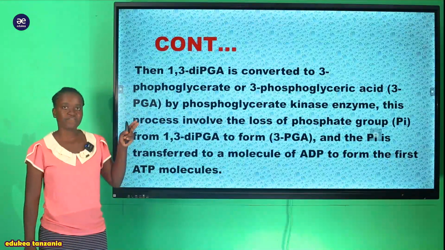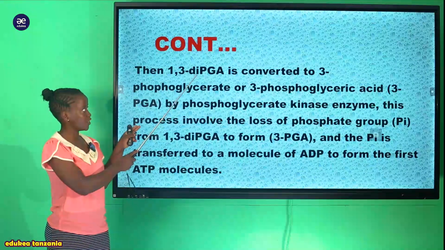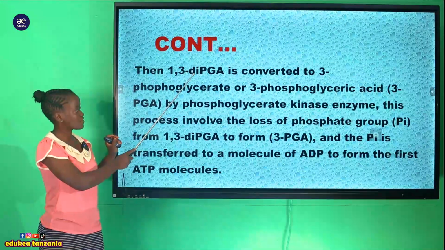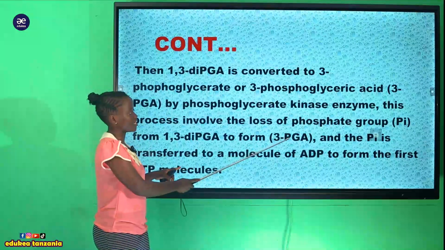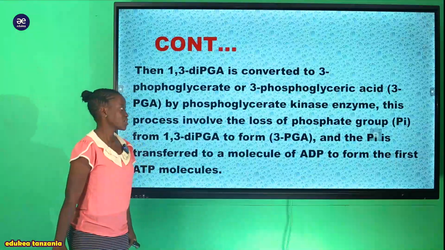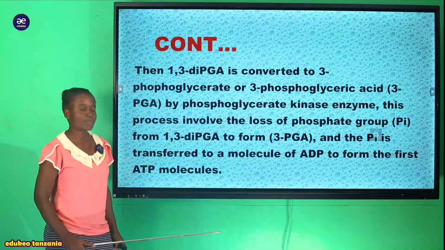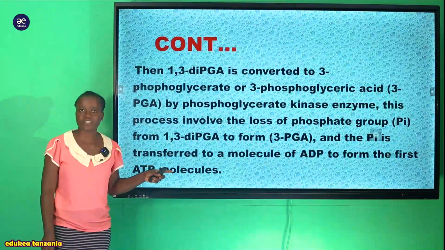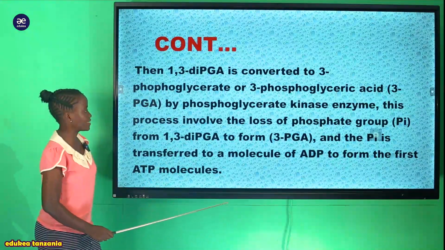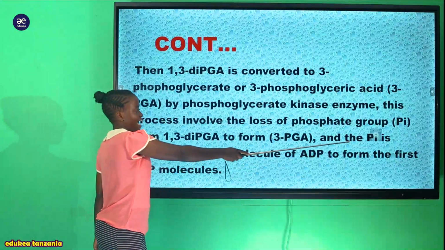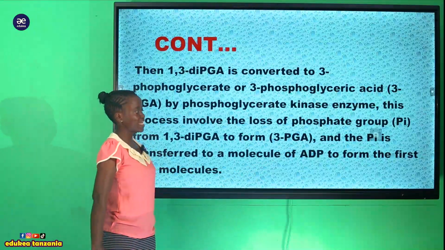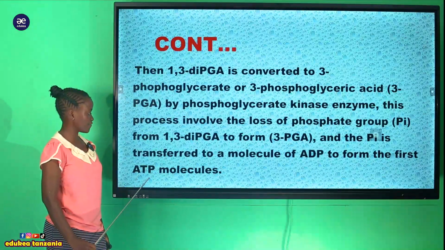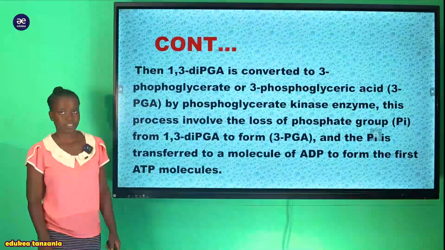So we remove a phosphate group from this molecule, so that we get 3 phosphate group. So when we have removed the phosphate group, this phosphate group, that is PI, together with the ADP that was formed in the first stage, will combine, and we form our first molecule of ATP.